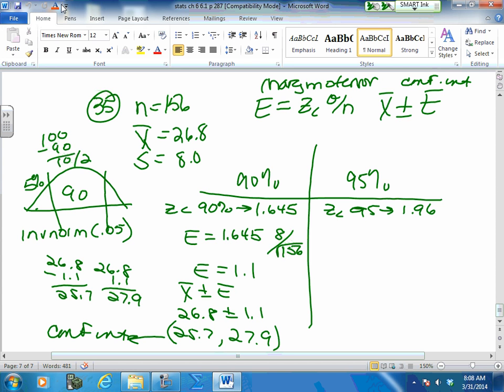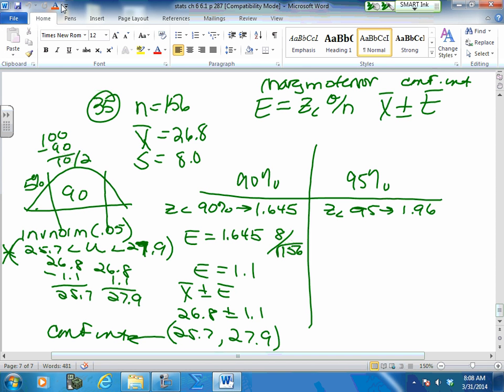If you want to write it out the other way, you've got 25.7 is less than your population mean is less than 27.9. This tells me I'm going to be 90% confident that my population mean for this wheat will fall between 25.7 and 27.9. This is my inference about the population based on my sample.